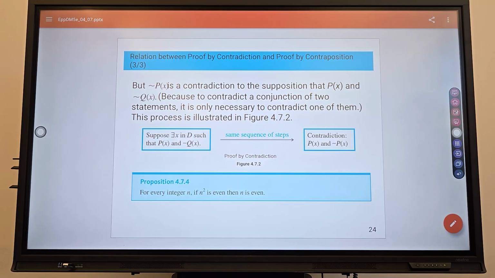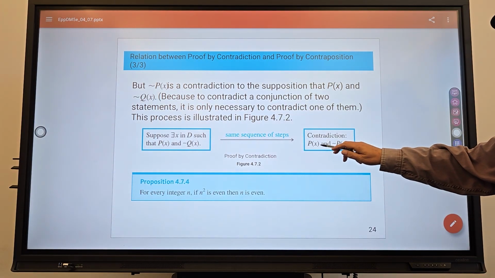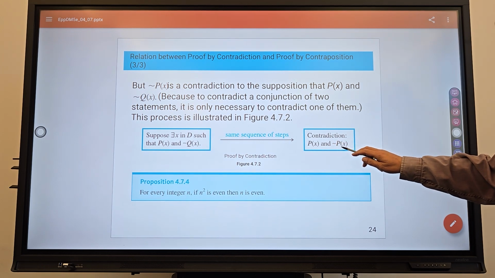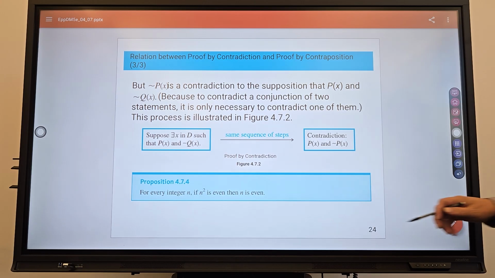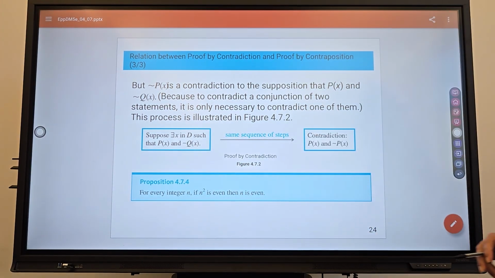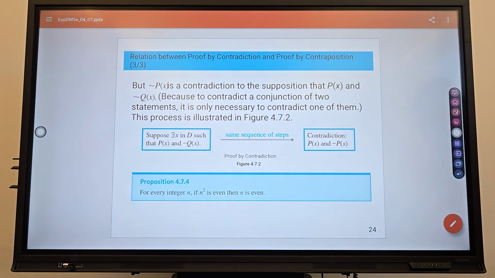And through a sequence of steps, you show that P of x is true and not P of x is true, which is a contradiction, and therefore the negation of this statement is true. The original statement is true. So, proposition 4.7.4: for every integer n, if n squared is even, then n is even.